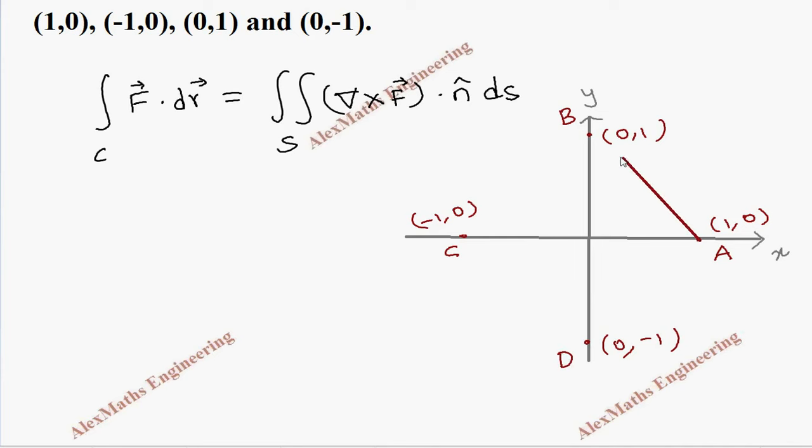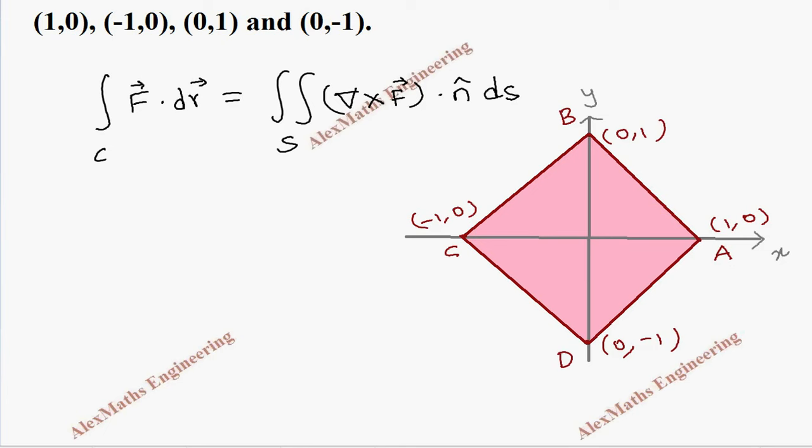Let's join AB, then BC, then CD, and finally DA. So this is our square region under consideration.